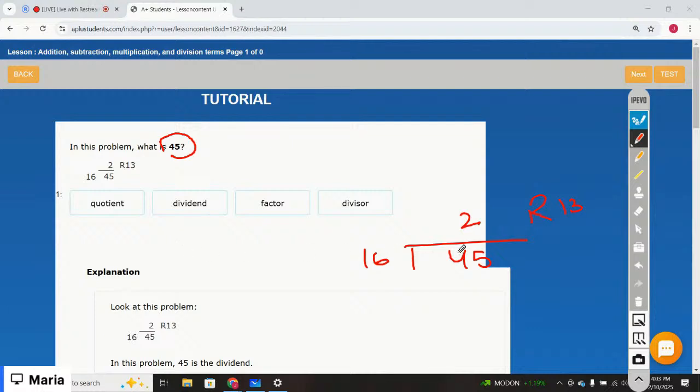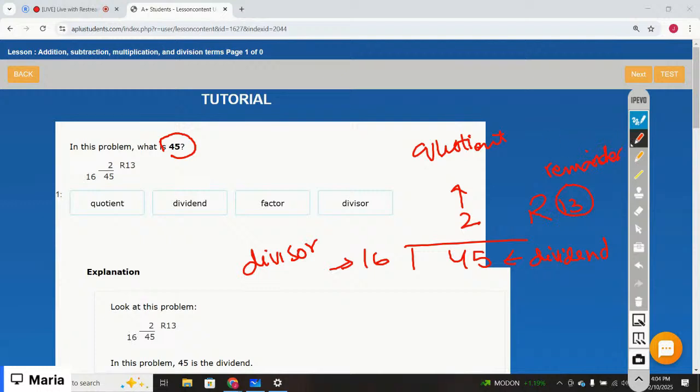45 is the... this is the divisor, this is the dividend, this is the quotient, and this is the remainder. The question is, in this problem, what is 45?